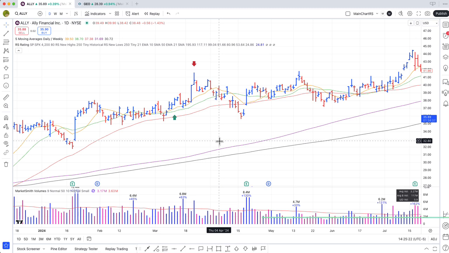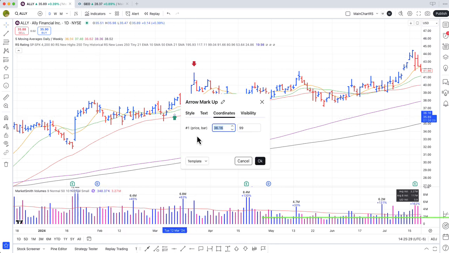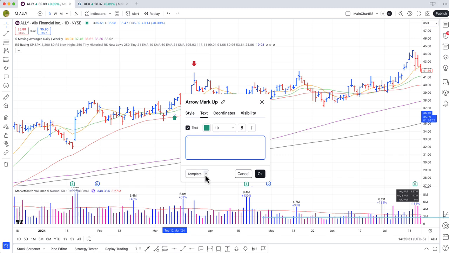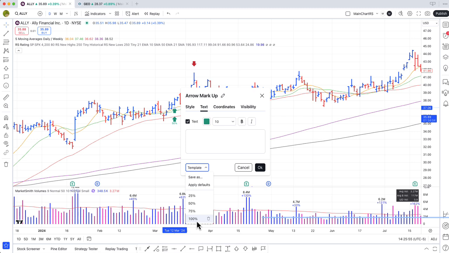For example, I use these saved templates where I'll click on settings, and say maybe I scaled into it, so maybe I bought 50%. You see how now I'm adding more information to the trade. And then let's say later on I added again, so I put on half the position, and then I put on another half position.